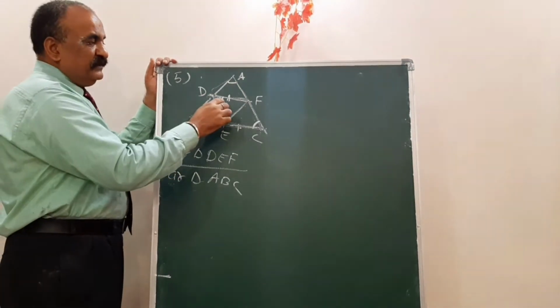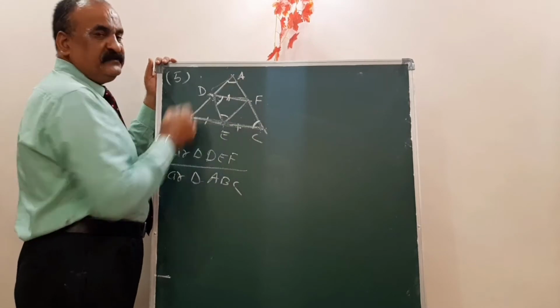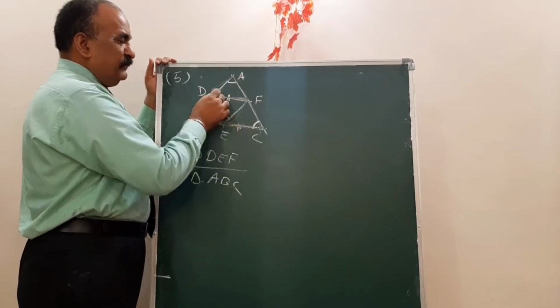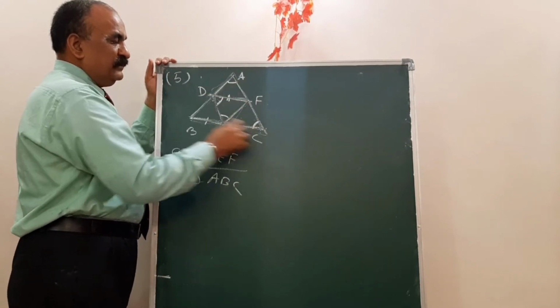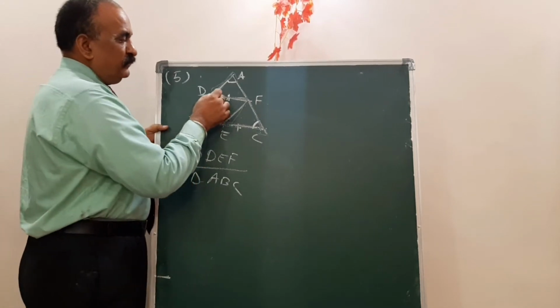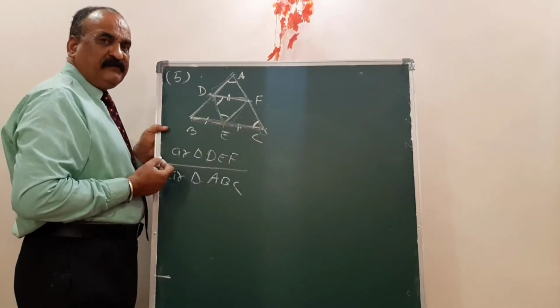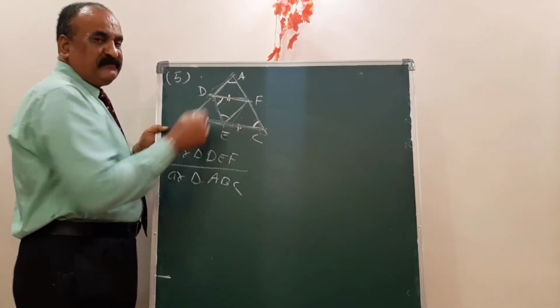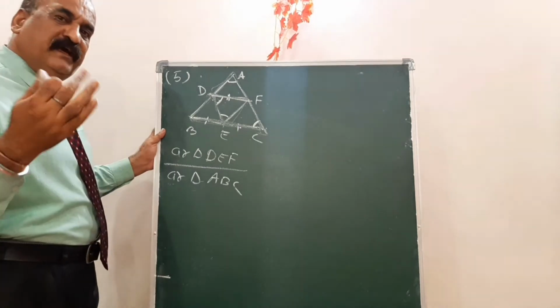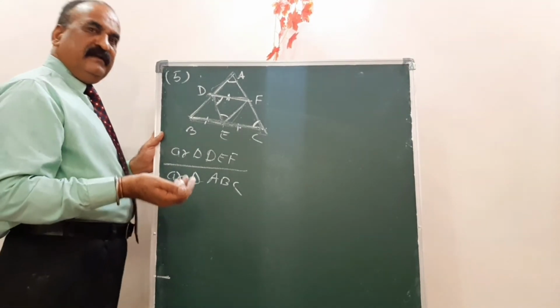It means you can say this triangle is similar to this triangle. Triangle DEF is similar to triangle ABC. Or you can say DF is parallel to BC and DF is half of BC. So it means these two triangles are similar. It means the ratio of their corresponding sides will be in the ratio.